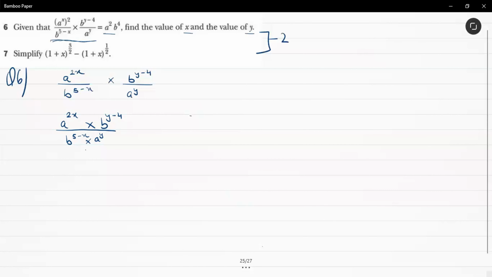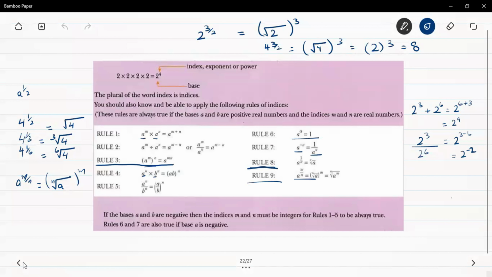If this had been an add sign, we would not have done this, because we do not do much of our processes when it's being added. It's really important that you know all of these rules, rule 1 till 9.